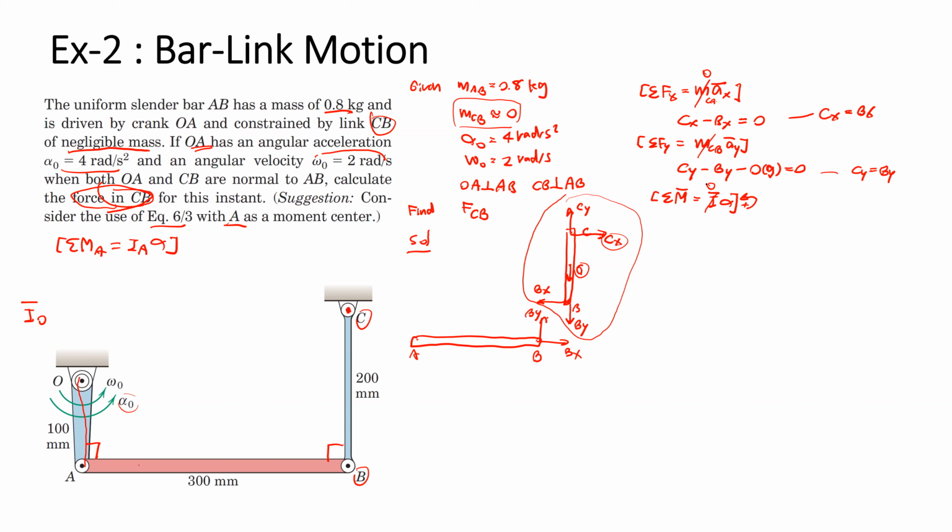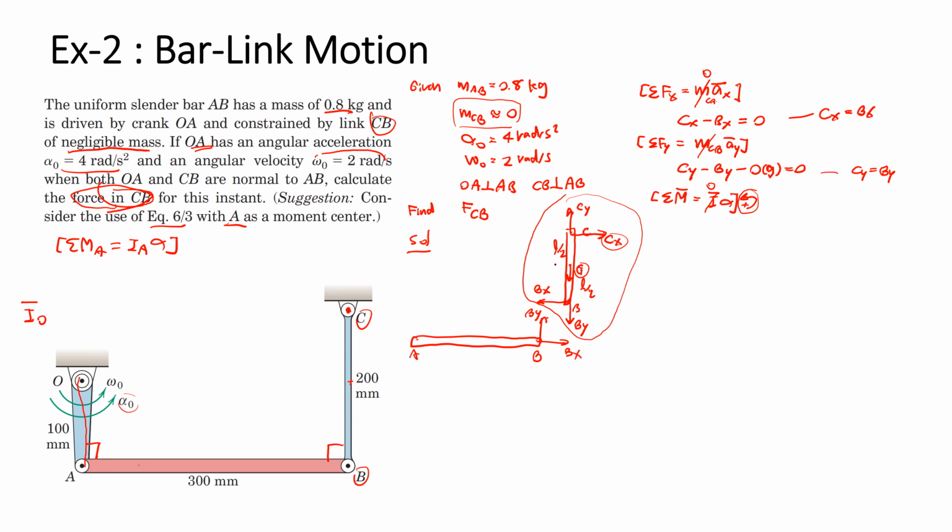So the summation of moment here, we may have L per 2 and L per 2 between G and C and G and B. Counterclockwise is positive. Let's make, yeah, it's fine to make counterclockwise as positive.